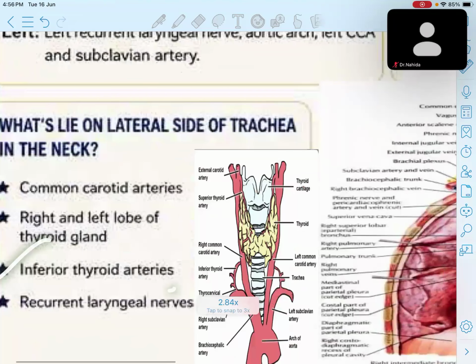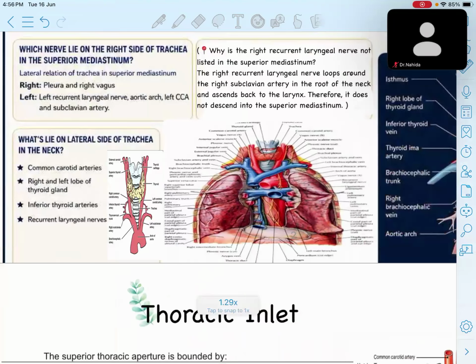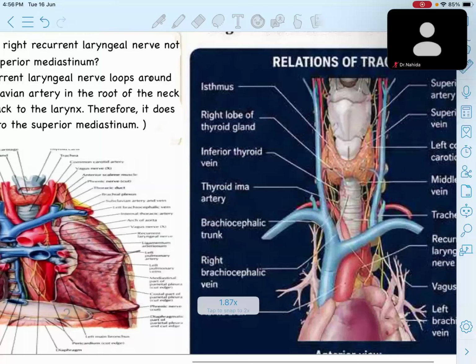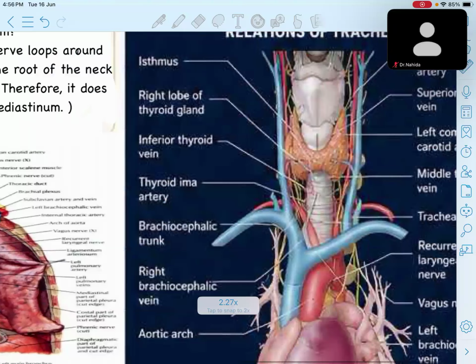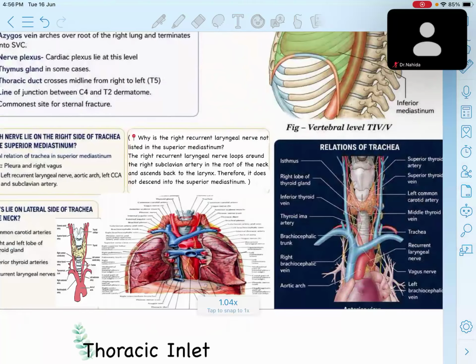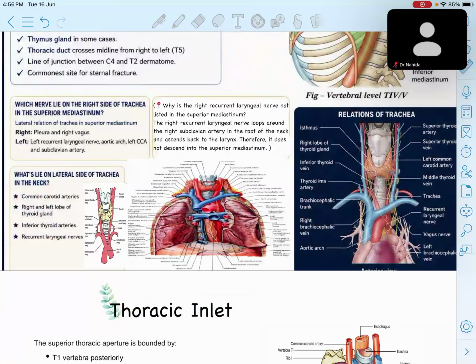Okay, just see this picture. Both sides you will get thyroid gland. You will get both right and left recurrent laryngeal nerve. You will get inferior thyroid arteries, right and left, and you will get common carotid arteries on both sides. It is very easy.